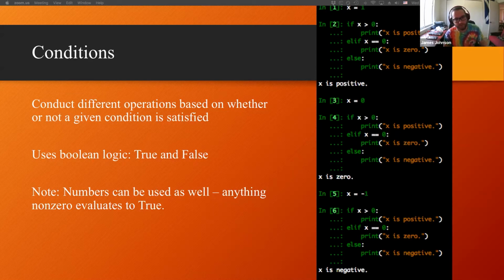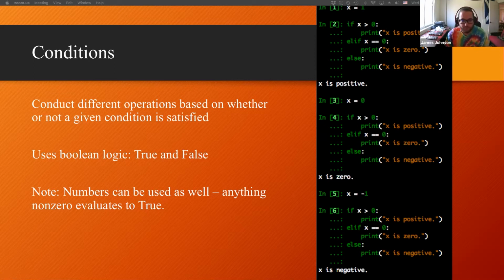So in this example, I've got some block of if, elif, and else statements, which I've just run a few times in succession. It says if x is greater than 0, print x is positive. And like I said, I have here if x equals 0, I could replace this with elif not x. Then that would be the same as saying elif x equals 0.